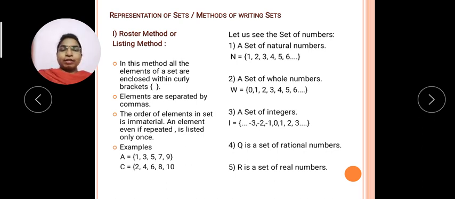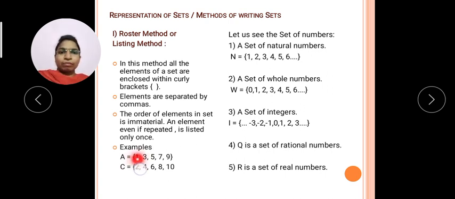For example, take the set of letters in the word "complement". In "complement", E comes 2 times. So at that time you have to skip one E. Just one time only you have to write it.